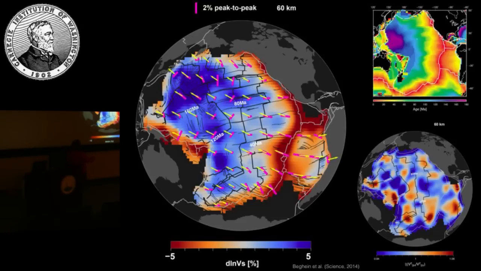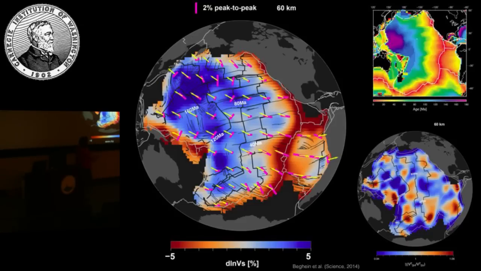So this is the Pacific plate. The background color is a shear wave velocity model that we obtained. We decided to look for shear wave velocities in addition to anisotropy. And so we have low shear wave velocity at 60 kilometers depth near ocean ridges as expected, and then the velocity of the wave increases as we get toward older plate age.